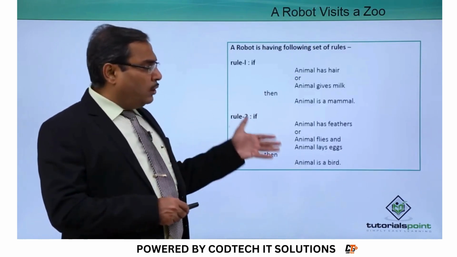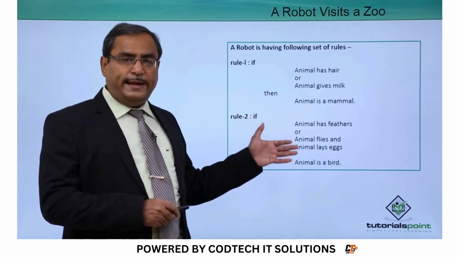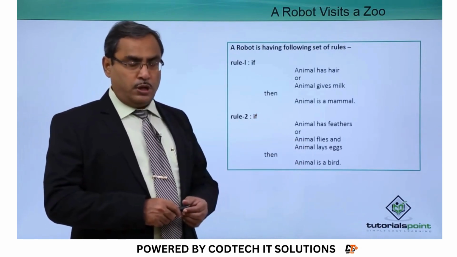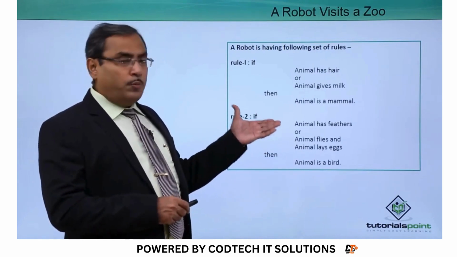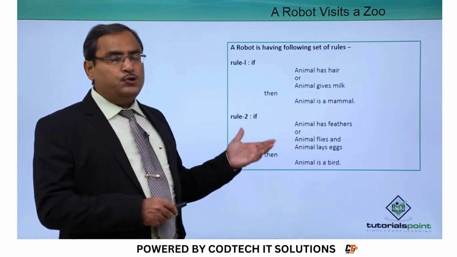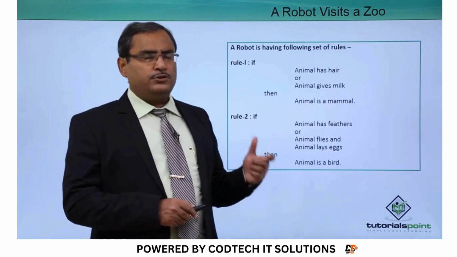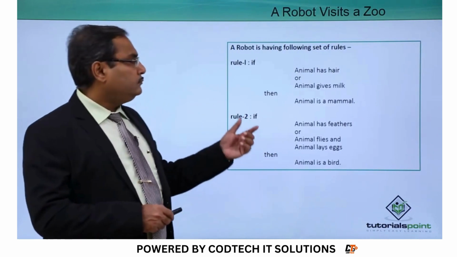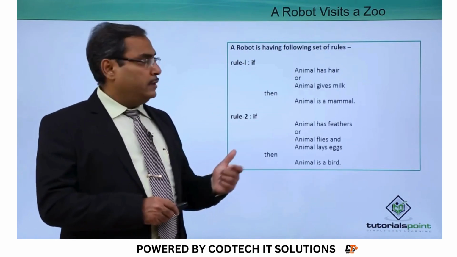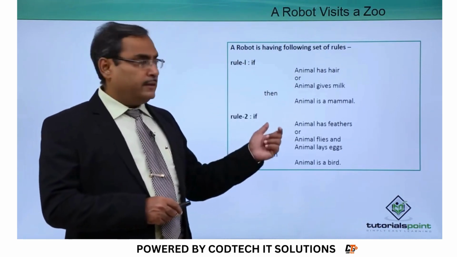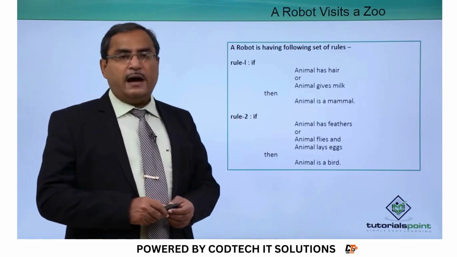So all this information about these 7 animals is with the robot, but how will it be framed? That's why the robot will have the following set of rules. We have multiple rules, so let me discuss one by one. Rule number 1: if the animal has hair or the animal gives milk, then the animal is a mammal.